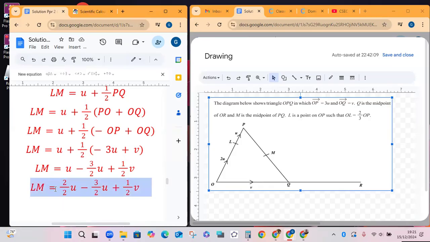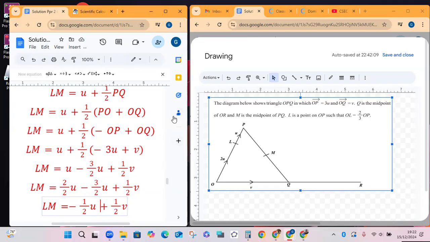And we can subtract the numerators. 2 subtract 3 will give us negative 1. LM is equal to minus a half u plus a half v.